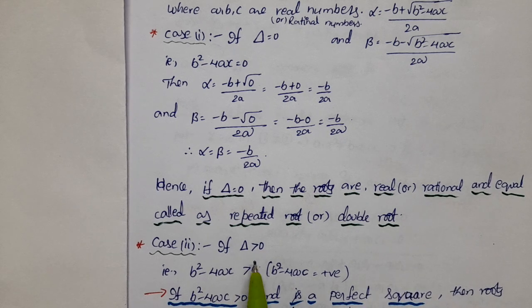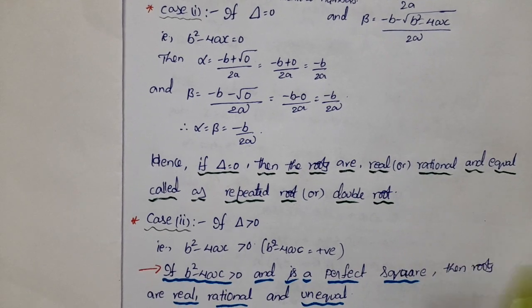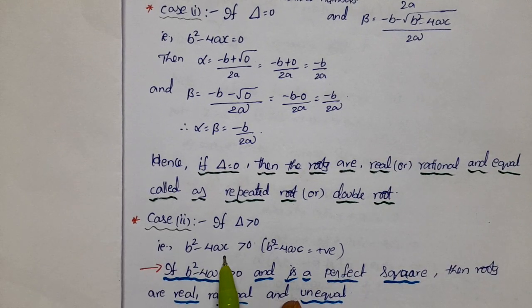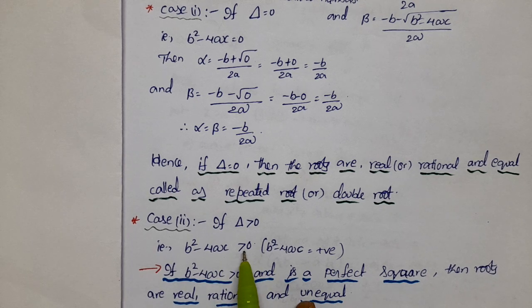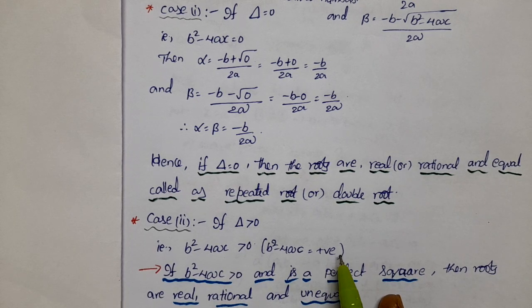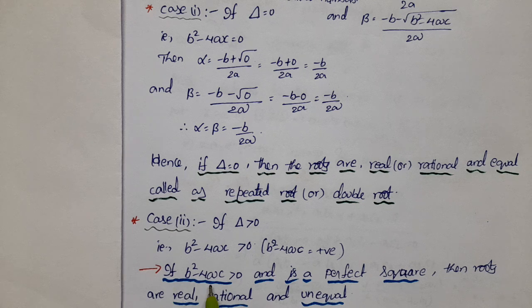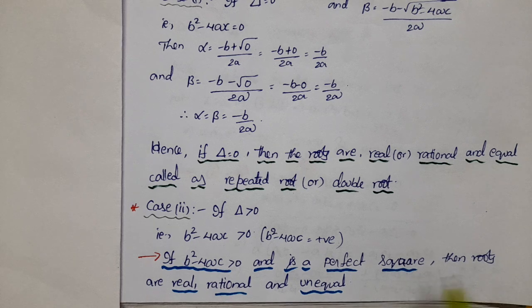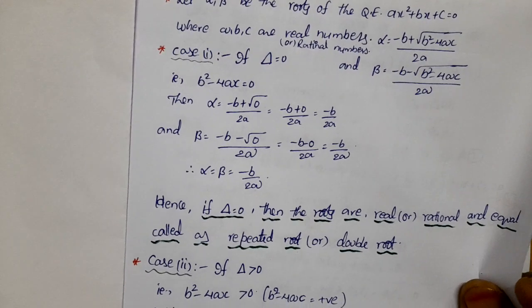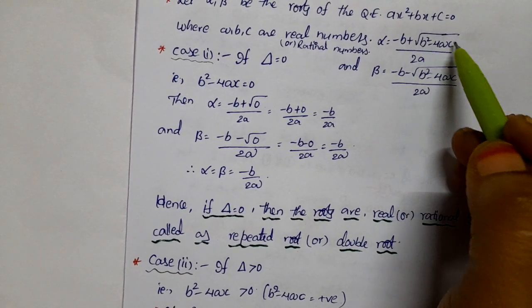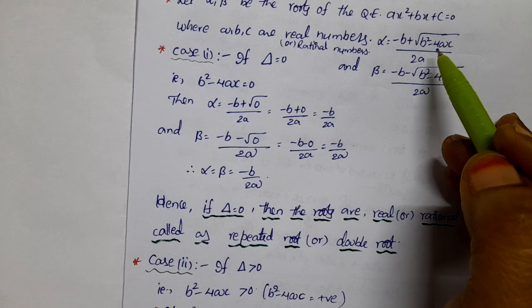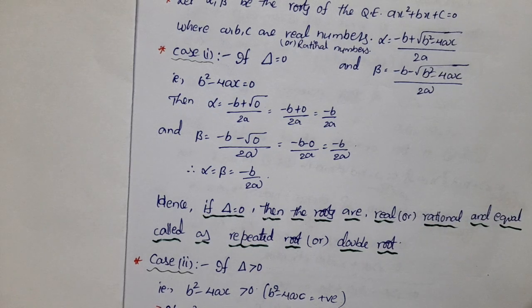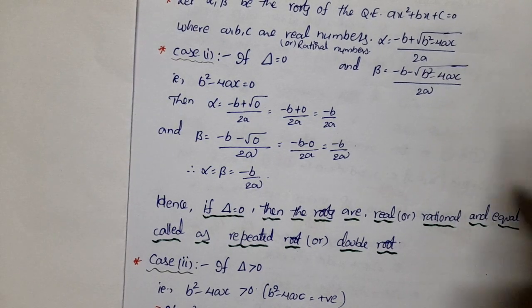Now, the case delta greater than 0. Delta means b square minus 4ac greater than 0, meaning positive. If b square minus 4ac is greater than 0 and is a perfect square, if on calculation we get 25 or 36 or 16, then those numbers are called perfect squares.